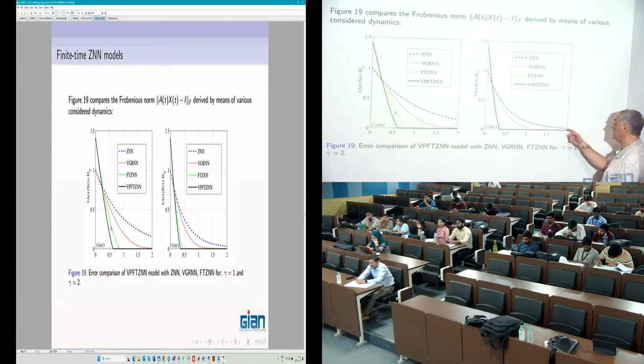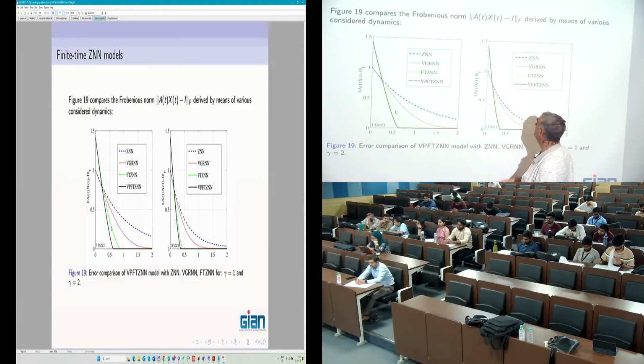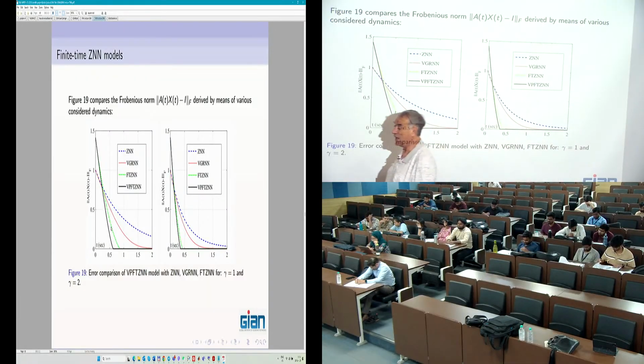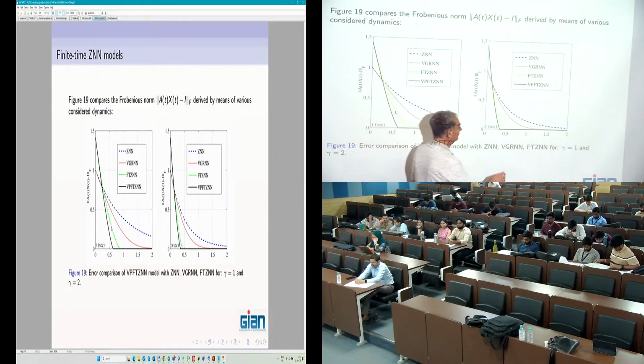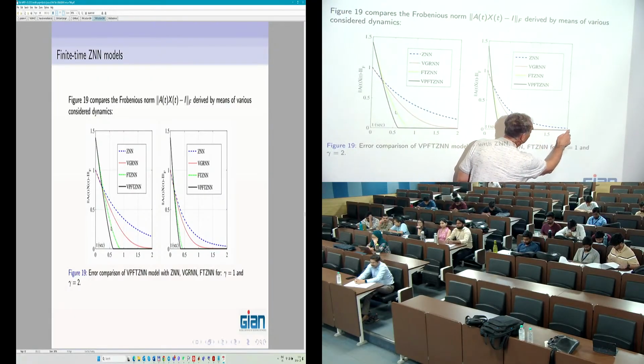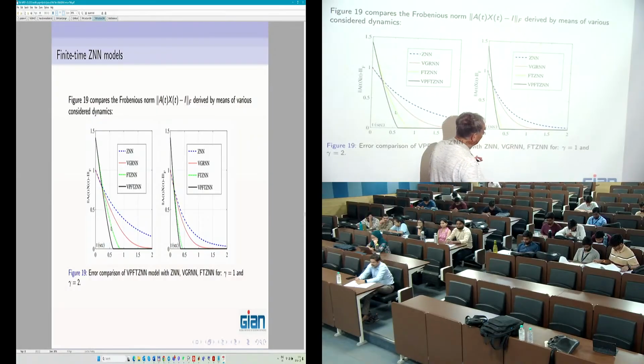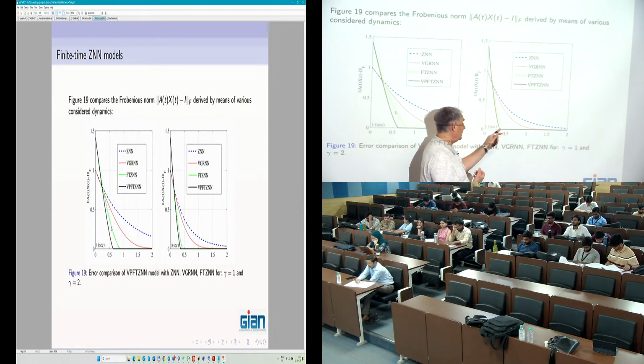ZNN is slightly faster, but still far from convergence. Red, ZNN with infinite convergence. Here is infinite convergence. Numerically it is okay, we obtain accuracy 10 power minus 6 to minus 9, but theoretically 0 is achieved in the green case and in the black case.